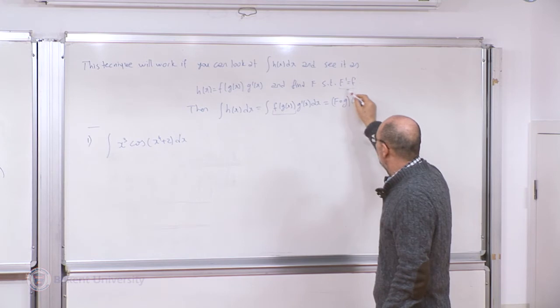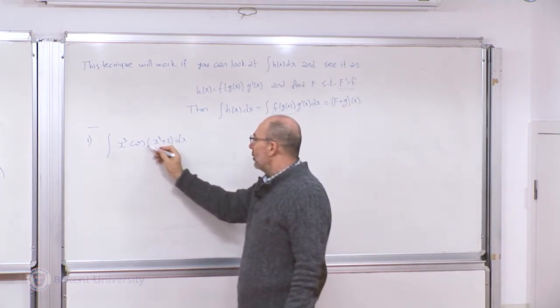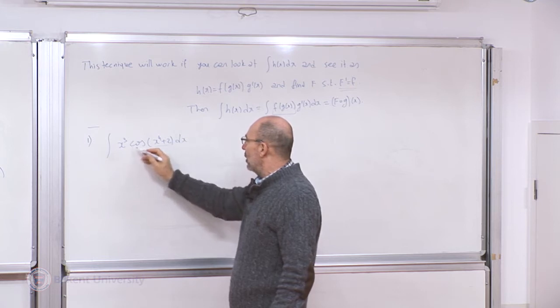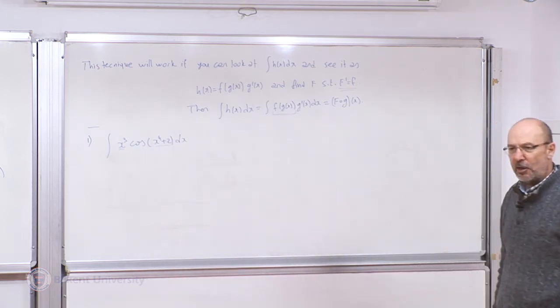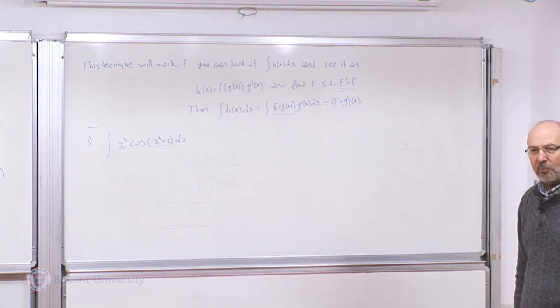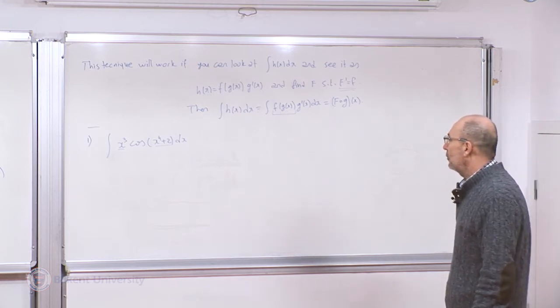So this part, for us, is easy. And then this function is composed with this, and its derivative appears here, up to a constant. Constants are not that important because you can multiply and divide by the same constant. It will not change anything.